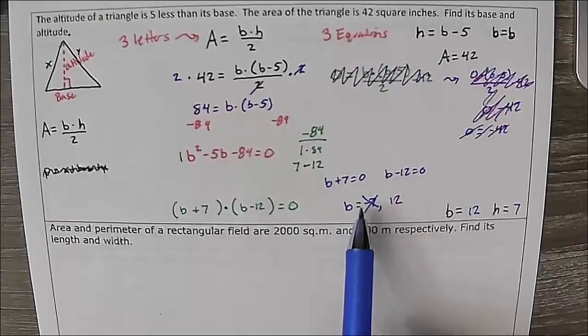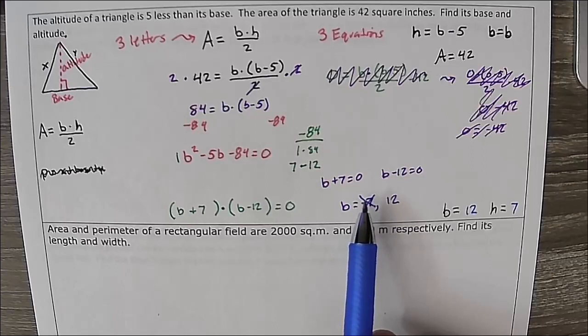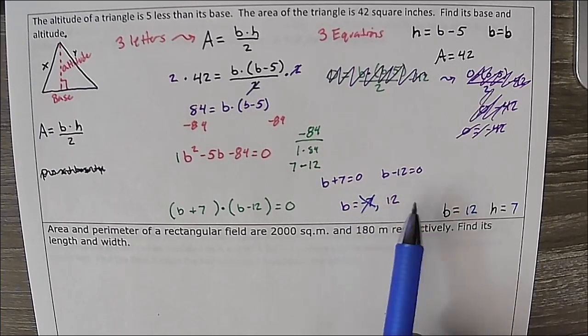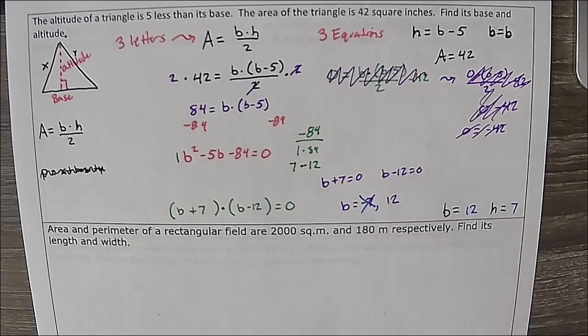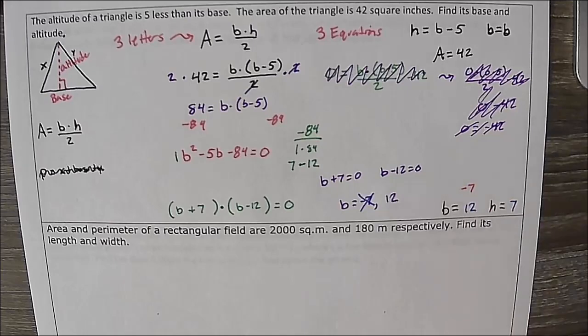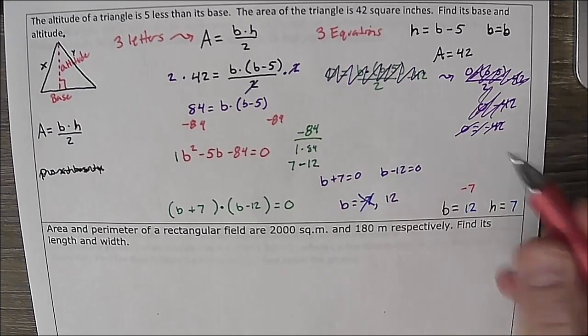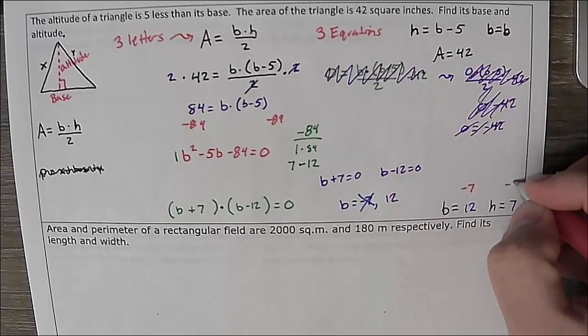Now, if we take a second to look at why negative 7 is even considered a potential answer, well, if the base could be negative 7, over here in pink, negative 7 minus 5 would be negative 12.